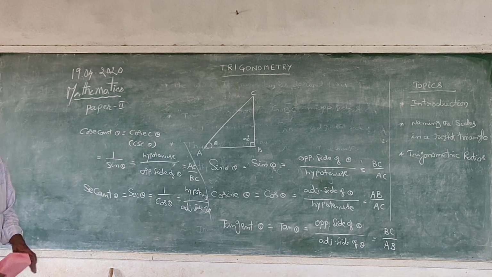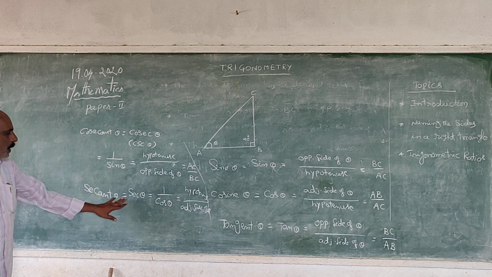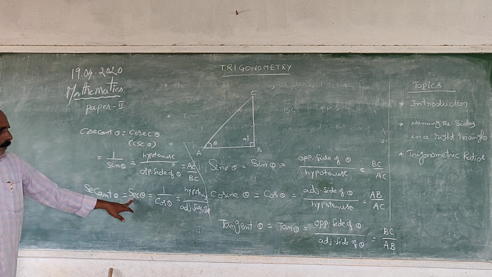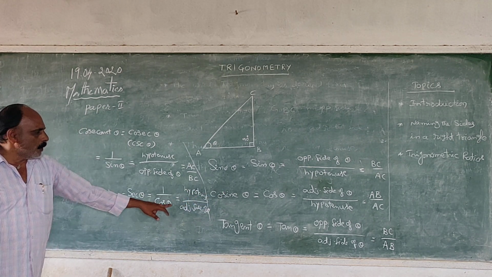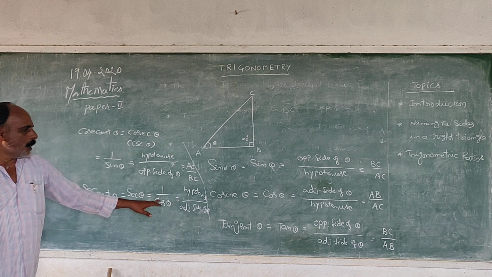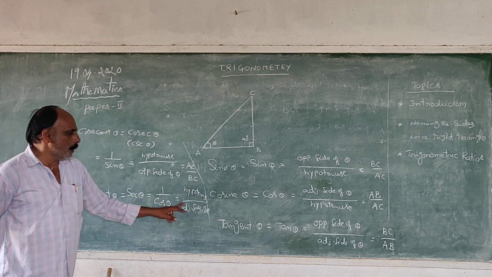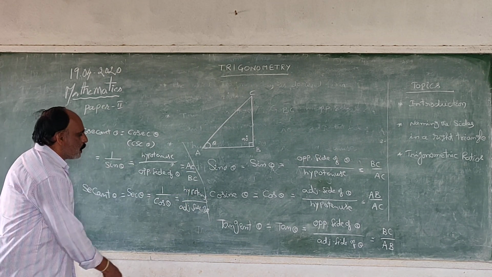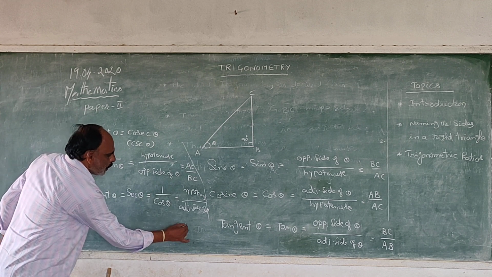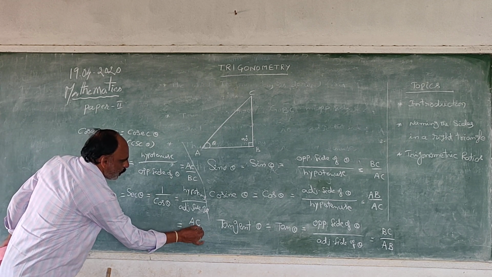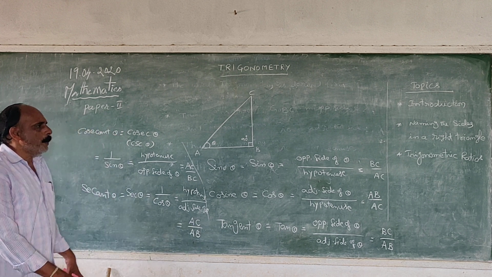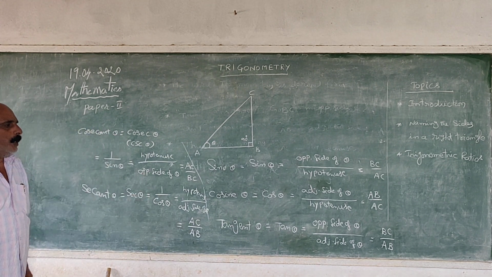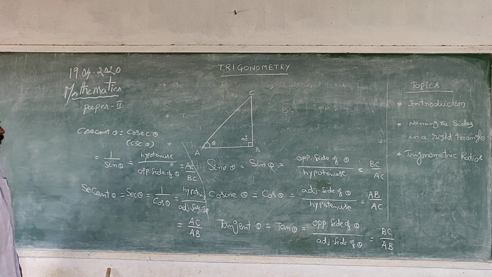So the multiple inverse, hypotenuse by adjacent side of theta, is equal to AC by AB. From the figure, hypotenuse is AC, adjacent side is AB. So AC by AB.